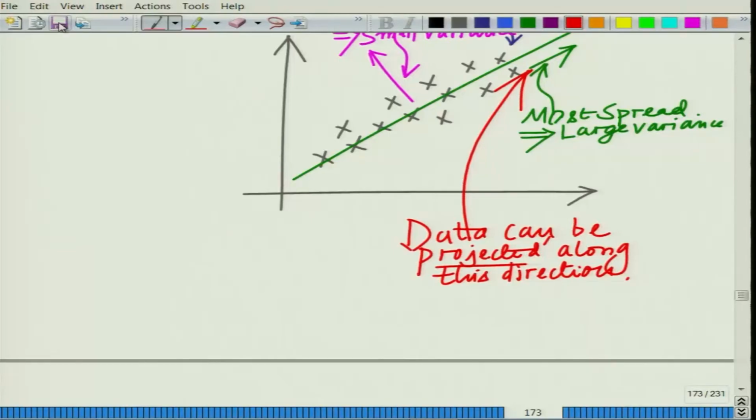So, you can reduce the dimensionality without losing the relevant information, right. That is the essential idea.